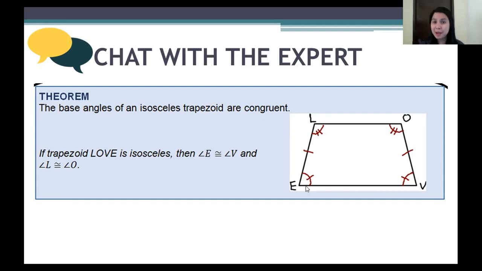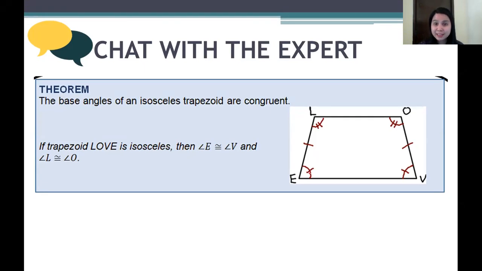Remember, in a parallelogram, the opposite angles are congruent. But in a trapezoid, the opposite angles are not congruent. If you see from this picture, the base angles E and V are congruent, while base angles L and O are congruent.